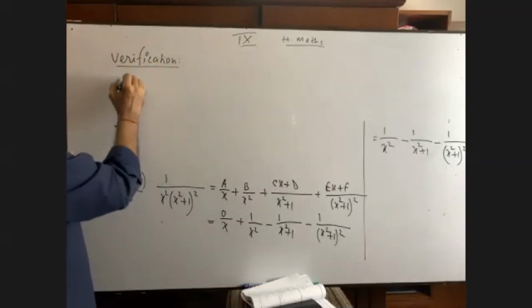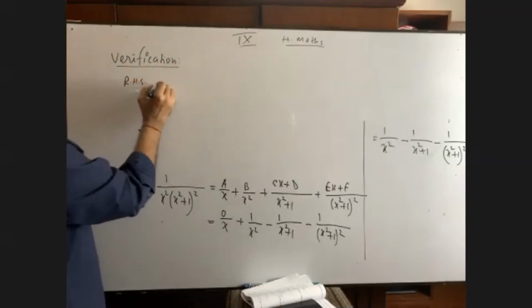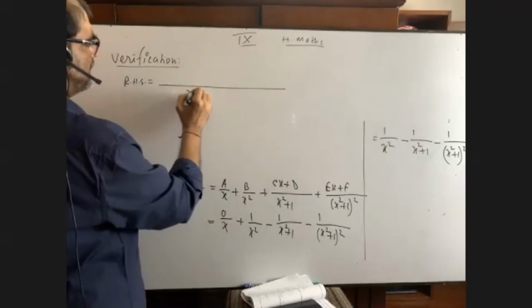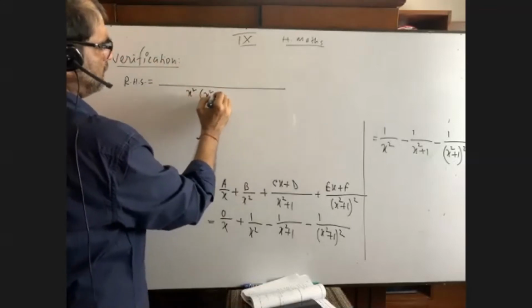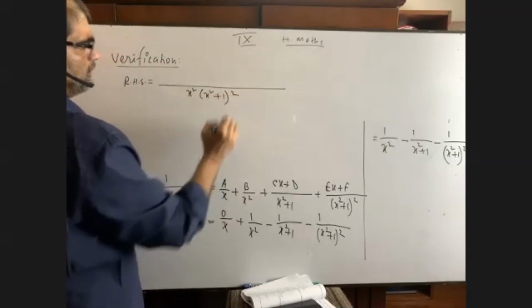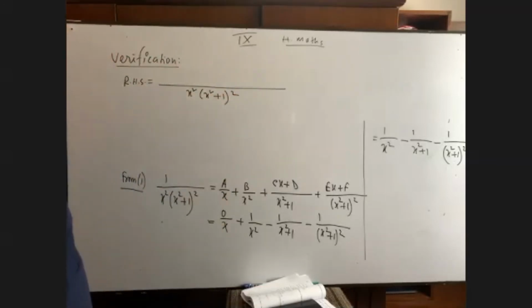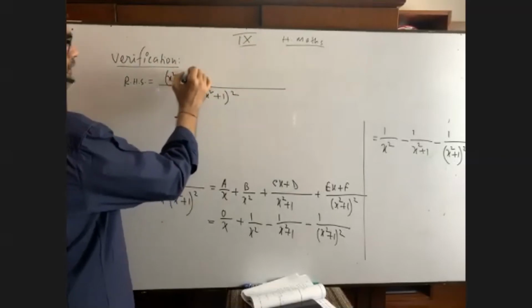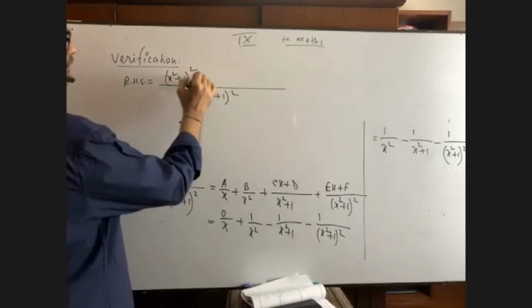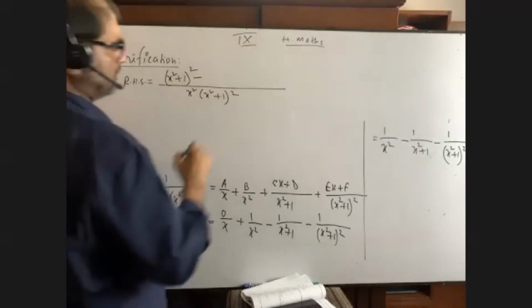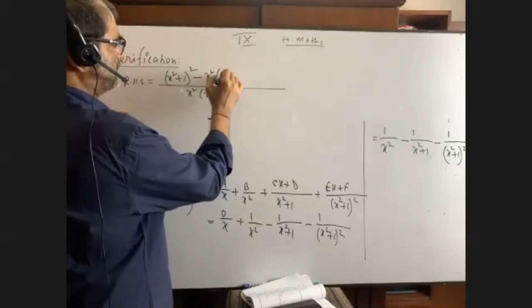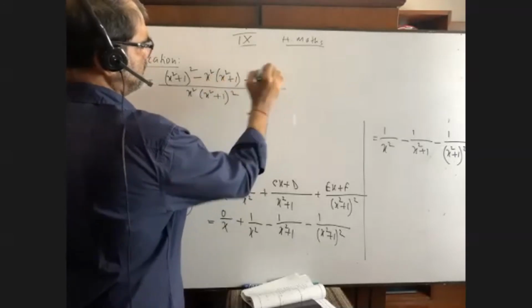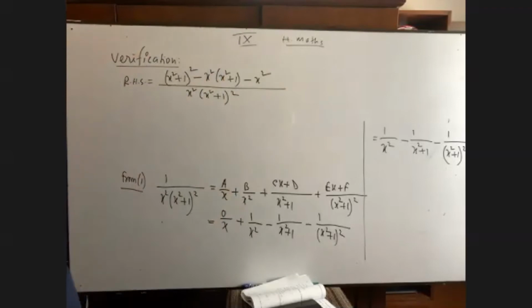Right hand side, we are getting here x square plus 1 whole square, minus x square plus 1 minus, please do it.